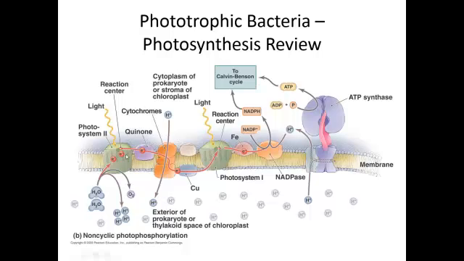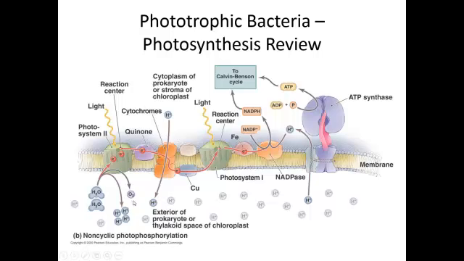Now, this electron over here in photosystem 1 needs to be replaced, otherwise we can't continue the electron transport chain. So water is split. The electron from water goes here to replace the electron that has been removed from the magnesium in chlorophyll A, and we end up with hydrogen ions and oxygen.